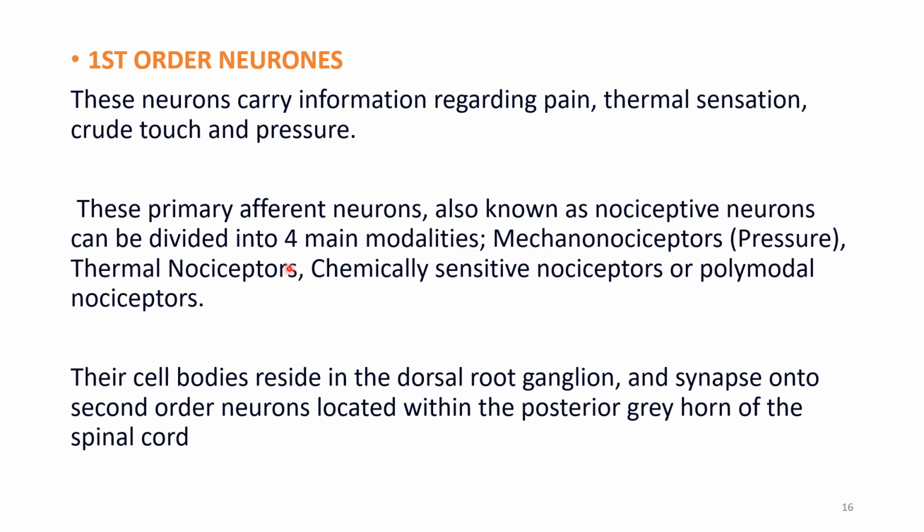These can be divided into four main modalities, that is mechanonociceptors, so they will detect pressure, thermal nociceptors meaning temperature, chemically sensitive nociceptors, which will be sensitive to chemicals, and polymodal nociceptors. Their cell bodies reside in the dorsal root ganglion and synapse onto second order neurons located within the posterior gray horn of the spinal cord. Okay, so this is the main difference.